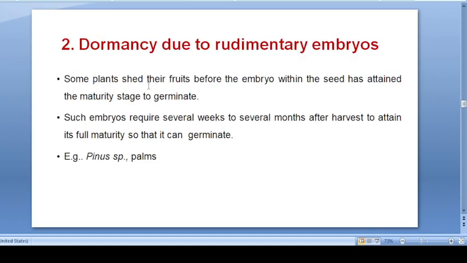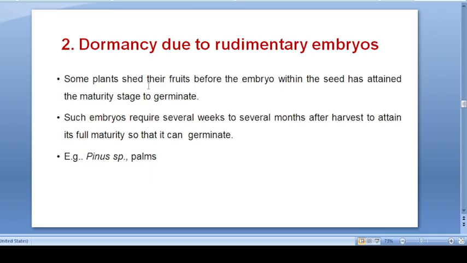Next is dormancy due to rudimentary embryos. This dormancy is mainly observed because of improper harvesting as well as natural calamities. When the fruits start developing, the seed embryo needs some time to enlarge and develop properly.